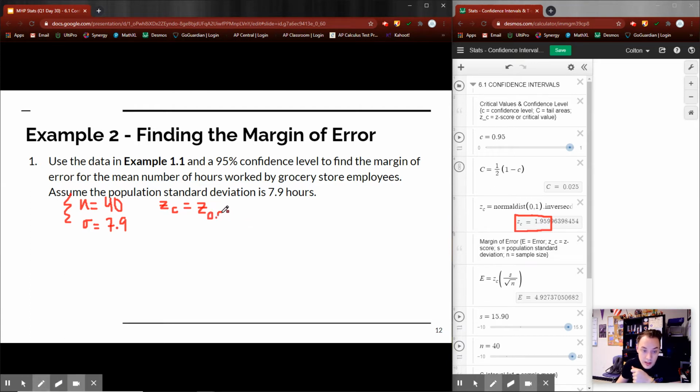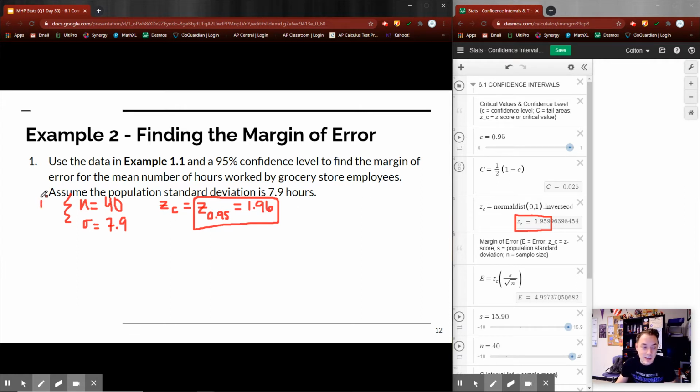It's 0.95. So I can write it like that as well. And what that is, 1.96. That is my critical value at my confidence level of C equals 0.95. That's not my answer though. That's just my critical value.